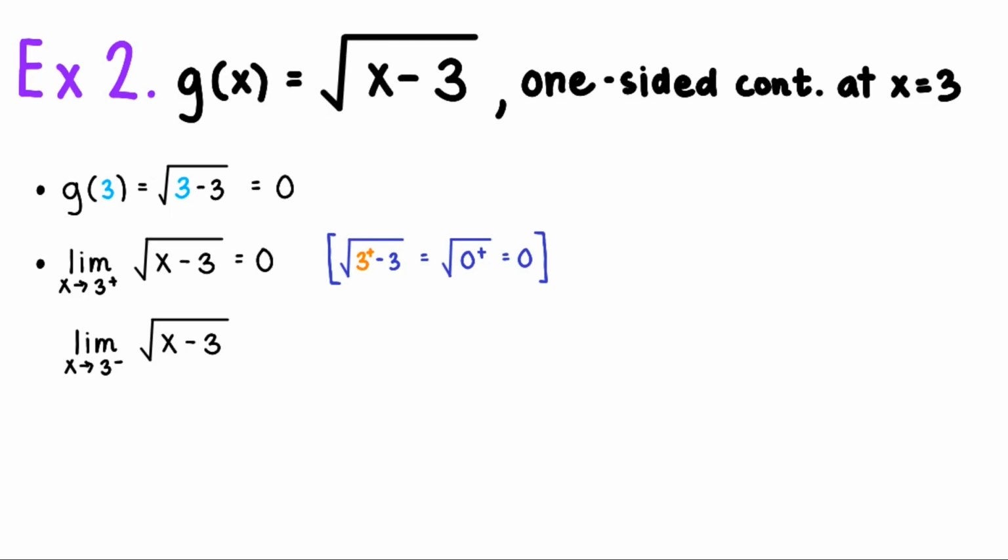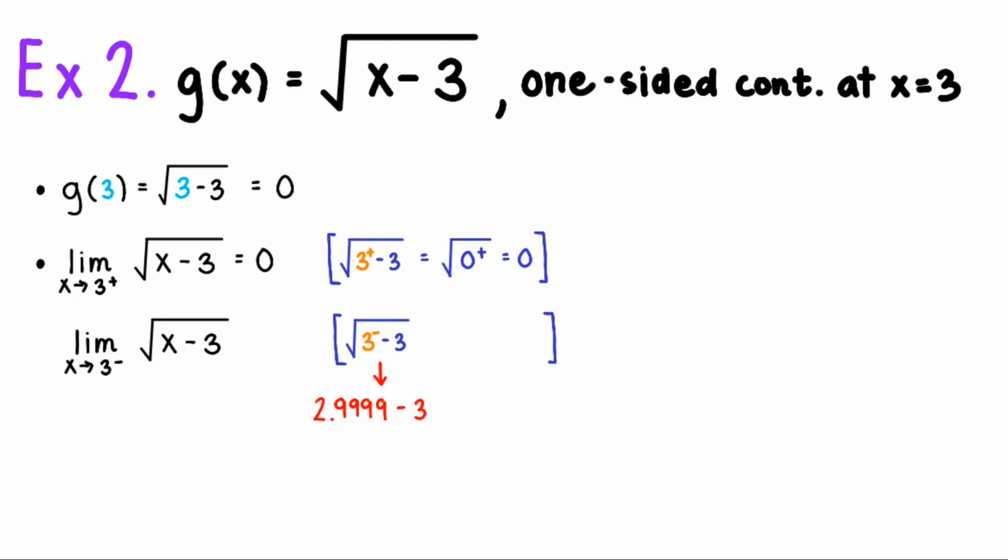On the other hand, for this next one, we do the same process. Observe that the values from the left of 3 are values like 2.9999 minus 3. This value is close to 0, but since this is less than 3, the outcome is a value close to 0 but negative.